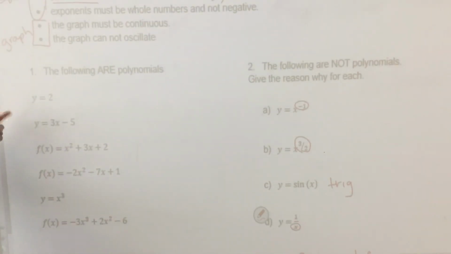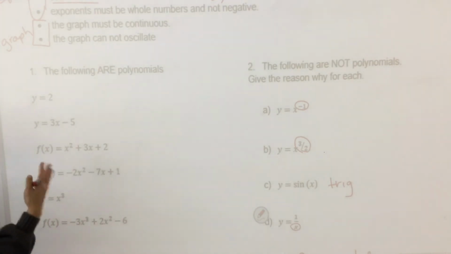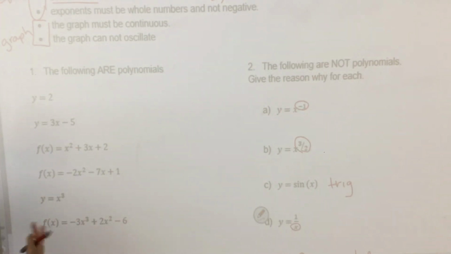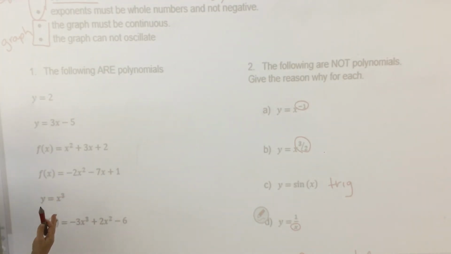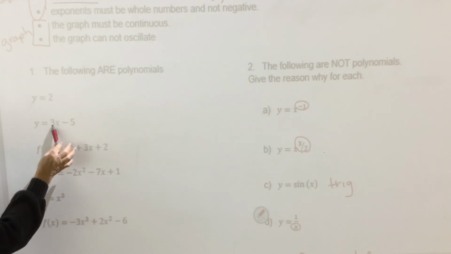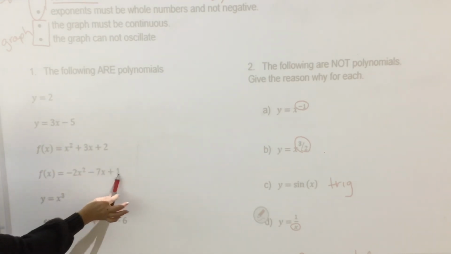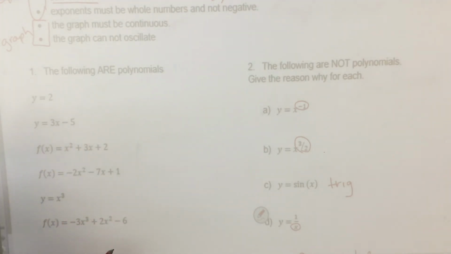So if we go over to the ones that are polynomials, really just to highlight, you could probably look through them and make sure that you understand how they're polynomials. You should see the exponents are whole numbers. You have single terms being added or subtracted.